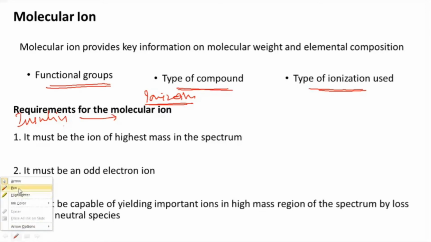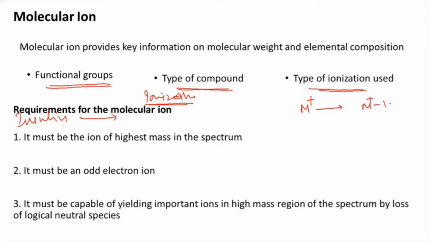What does it mean? In the previous example of alcohol, if you are able to see M plus, you should also be able to see M plus minus 18. If you are getting M plus and not M plus minus 18, then you have to search again for some other logical fragment ions.